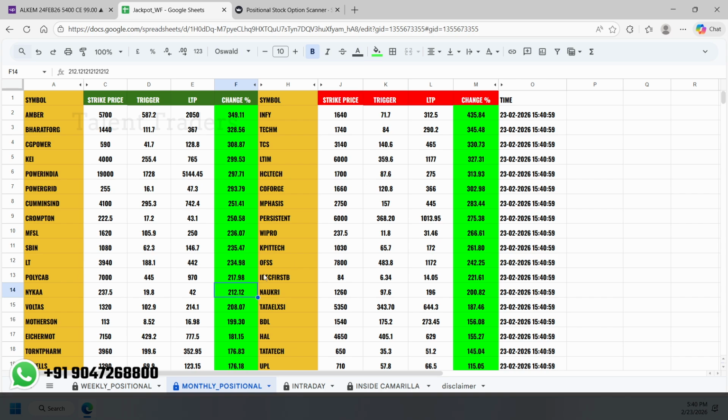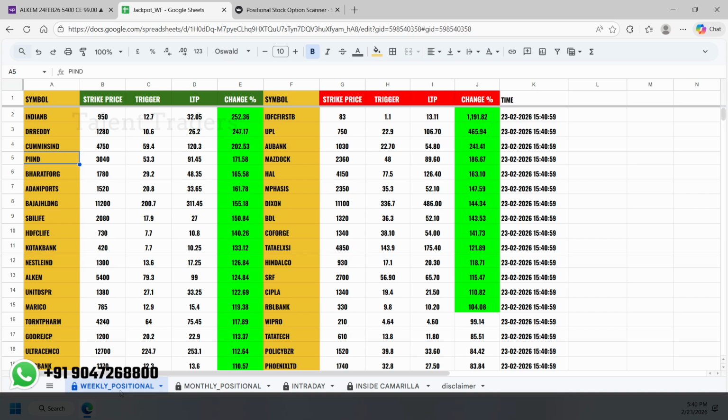So it is purely positional. From day one, we find an opportunity, and we will do it either naked, or with or without hedge, it depends. So we will be planning our positional opportunities. The main design of the course is to find 2 to 3 trade opportunities for the month, and for the week we try to find 1 or 2 opportunities.